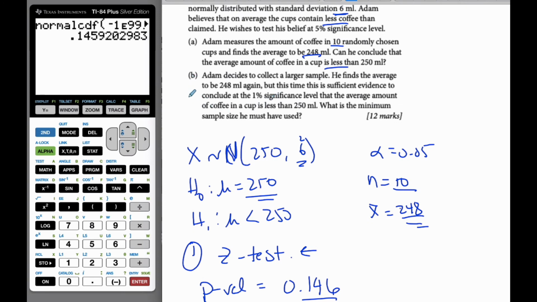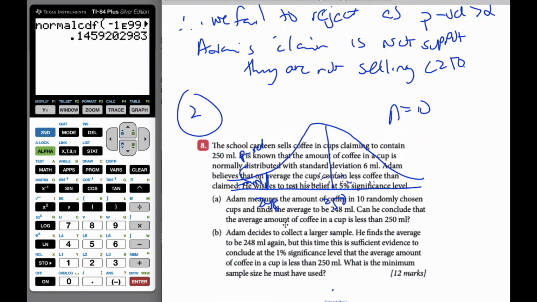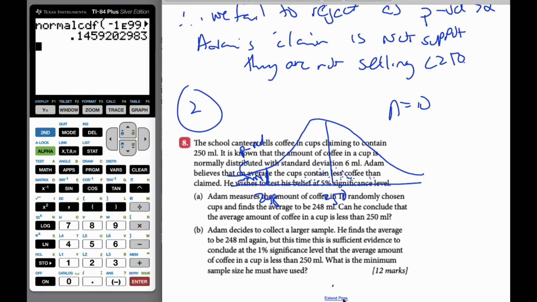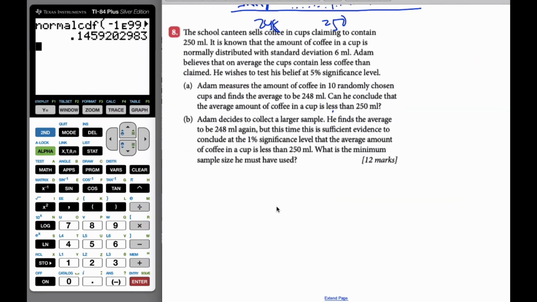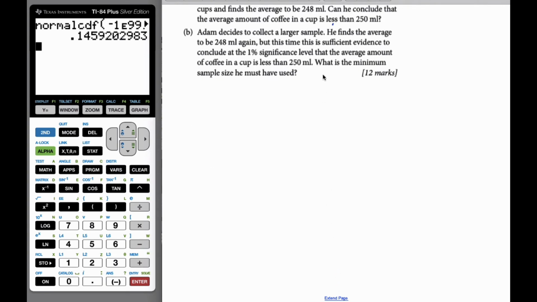Now part B, let me pull this down here. It says, Adam decides to collect a larger sample. So we don't know what n is. He finds the average to be 248 again, but this time there is sufficient evidence to conclude at 1% that it is less than the average amount.